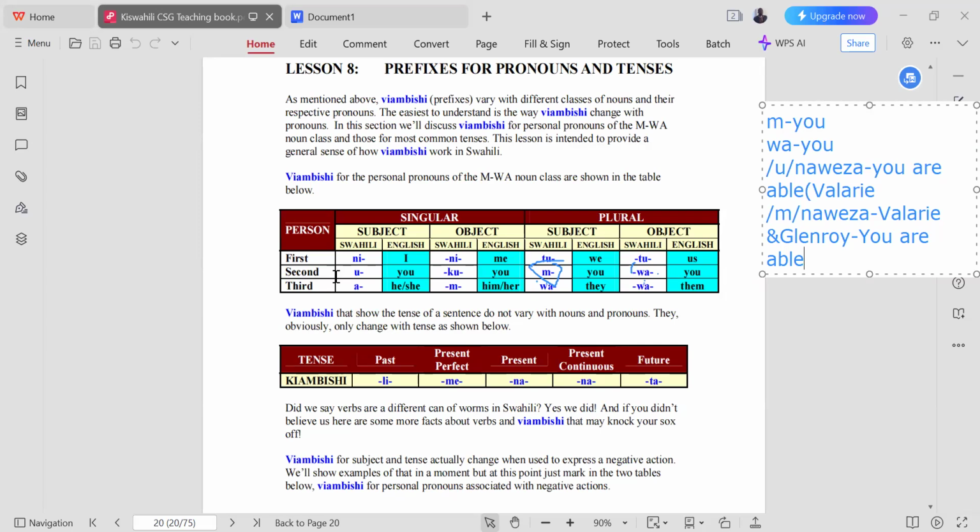When I refer to munaweza in this plural aspect, I mean Valerie and Glory, but English will still say you are able. It takes time for you to digest this so that you can easily understand what I'm trying to say. That's why I'm going slow, to give you space to understand this.